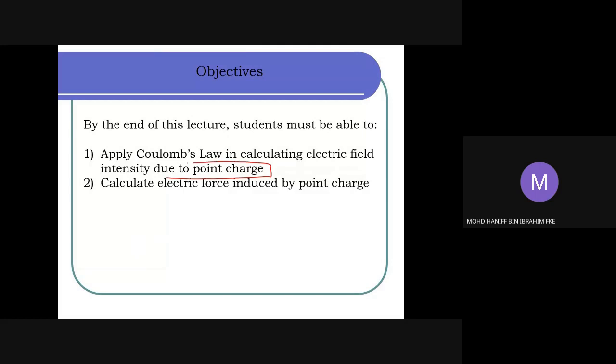I stress here, just due to point charge only. And number 2, you must be able to calculate the electric force induced by the point charge. Number 1 is to calculate the electric field intensity, and number 2 is to calculate the electric force, because for the case of Coulomb's law, the field intensity and the electric force are interrelated. We're going to see that after this.